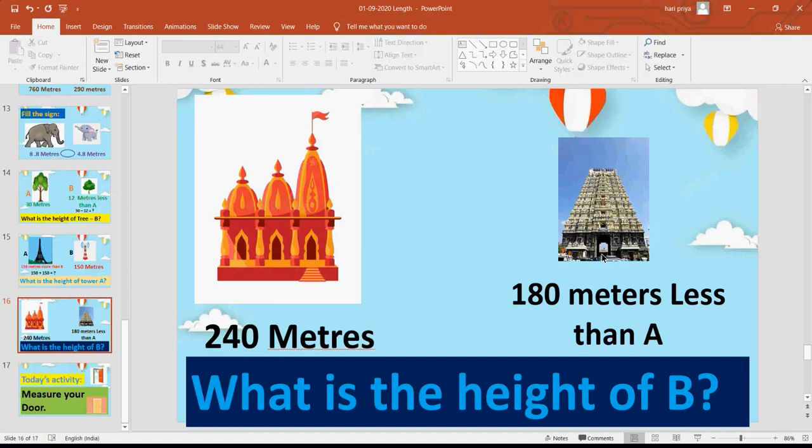Drop 240 in the correct place and drop 180 down, and the clue is less than A. I will not tell whether it's subtraction or addition. Decide yourself, think twice, and then drop the messages. As you observe the numbers, it's with regrouping.